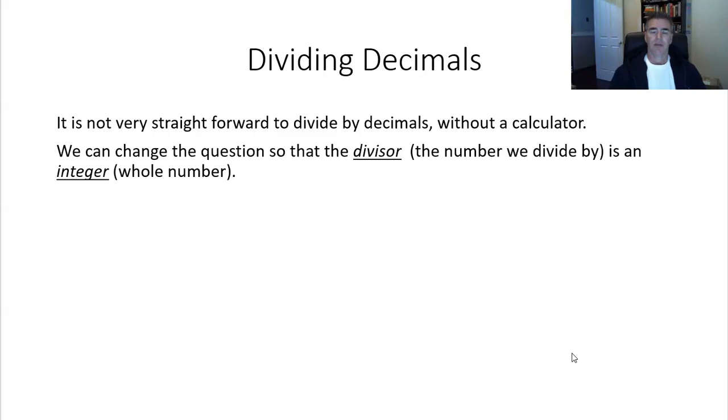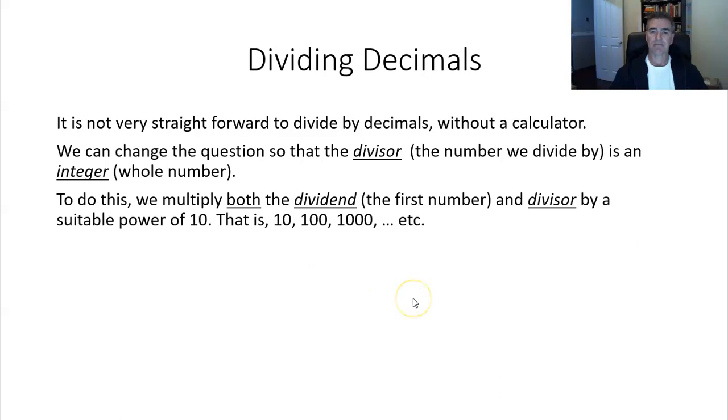So what we're going to do is change the question so that it looks a bit different. We're going to change the divisor, the number that we're dividing by, so that it is an integer. It's a whole number. It doesn't matter if it's positive or negative, but we just want it to be a whole number. That becomes so much easier. To do that, we need to multiply both the dividend, the first number, and the divisor by a suitable power of 10.